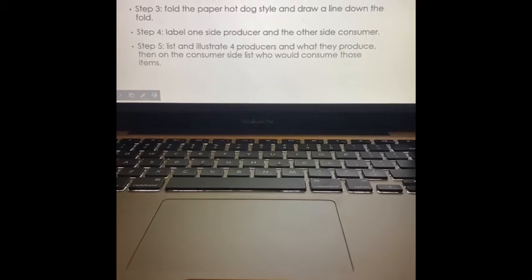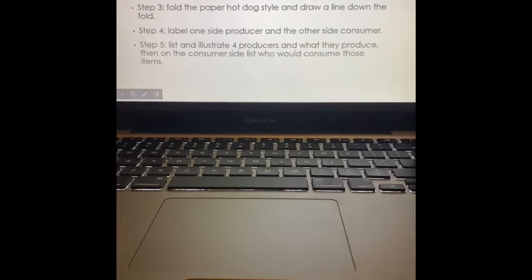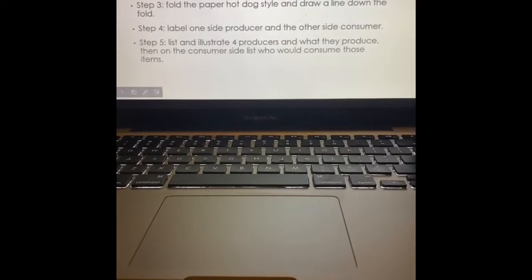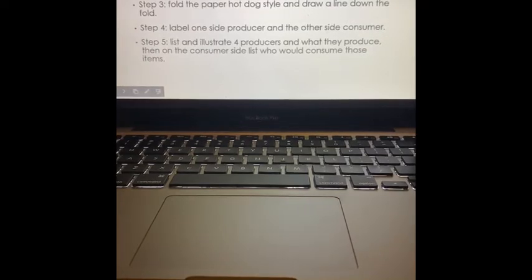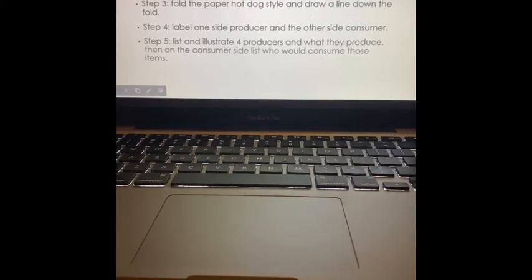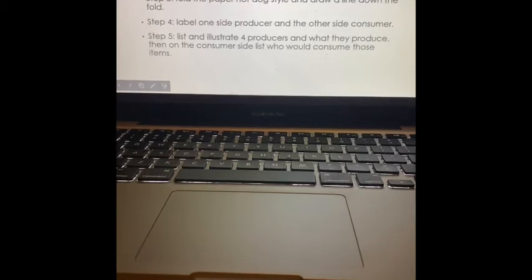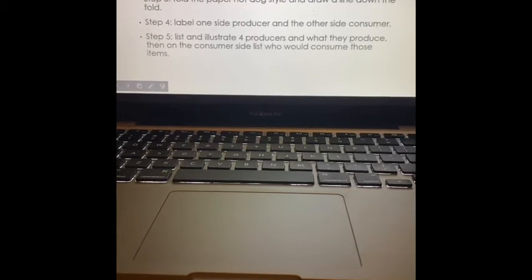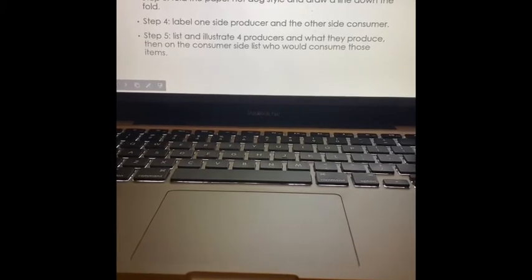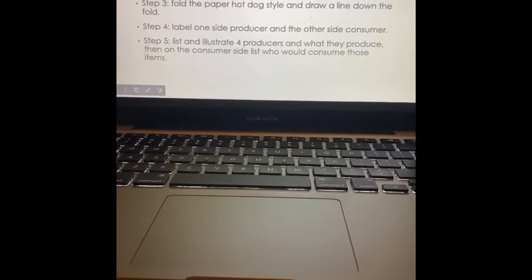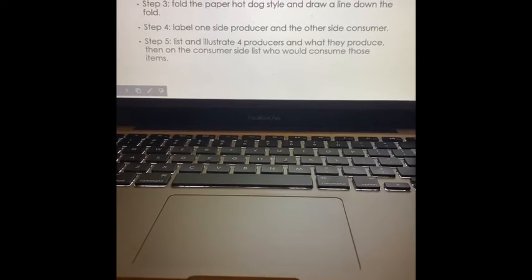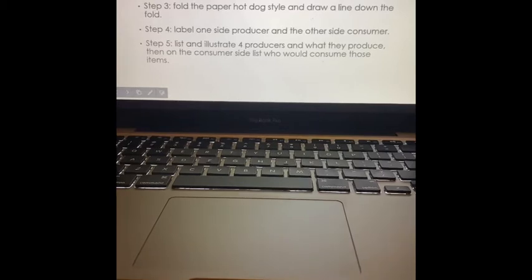And then they're going to list on the consumer side the different types of items you would buy from these producers, and they're also going to draw a picture of those items because they really need to see what kind of items they're going to be buying from the producer.